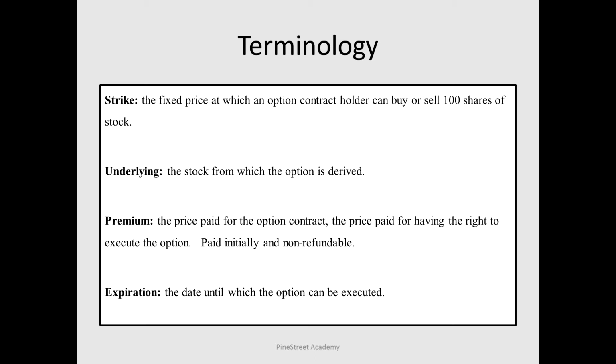Then you have the premium, which is the price paid for the option contract, or the price paid for having the right to exercise the option. It is paid initially and is non-refundable. If you're buying an option, you pay premium, and if you're selling or writing an option, you receive premium. Lastly is the expiration, which is the date until which the option can be exercised.